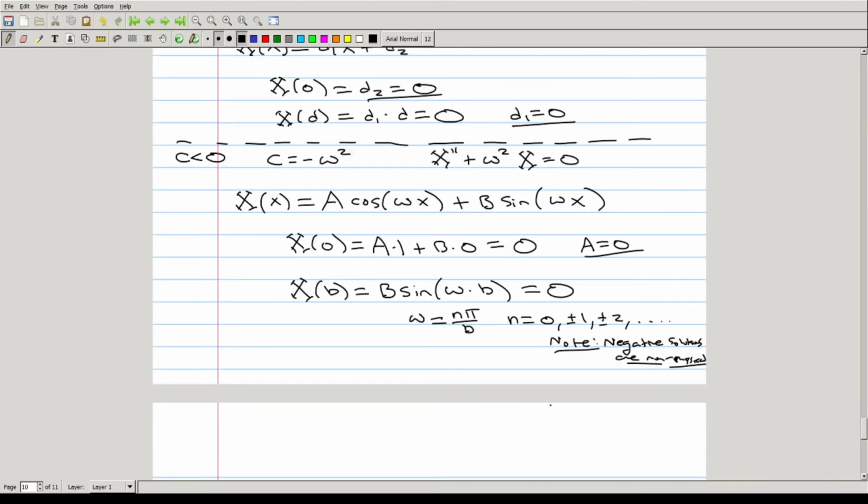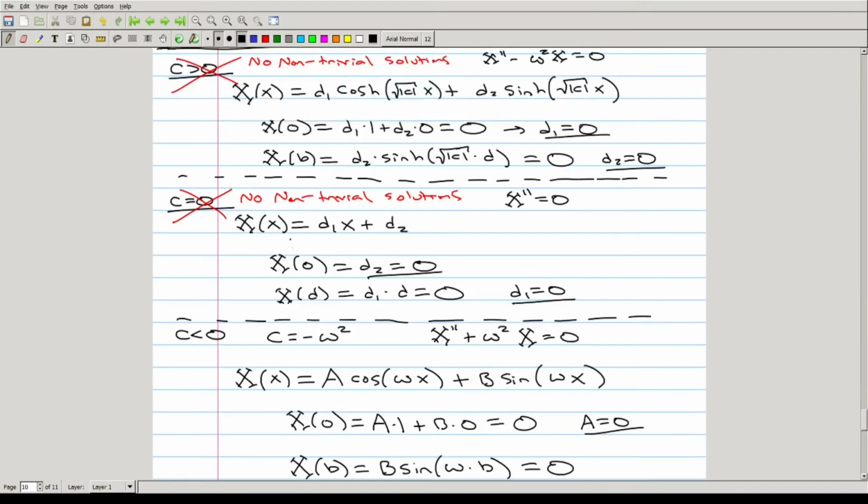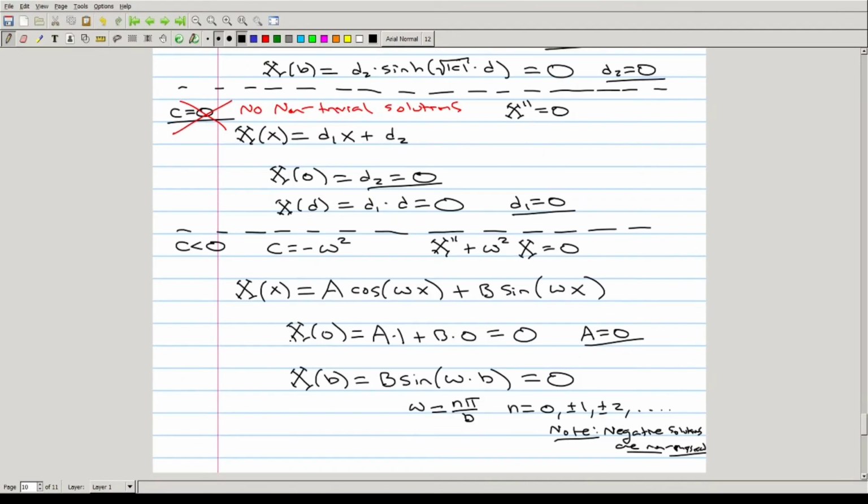So we have infinitely many possible solutions here to this Sturm-Liouville problem with C negative.